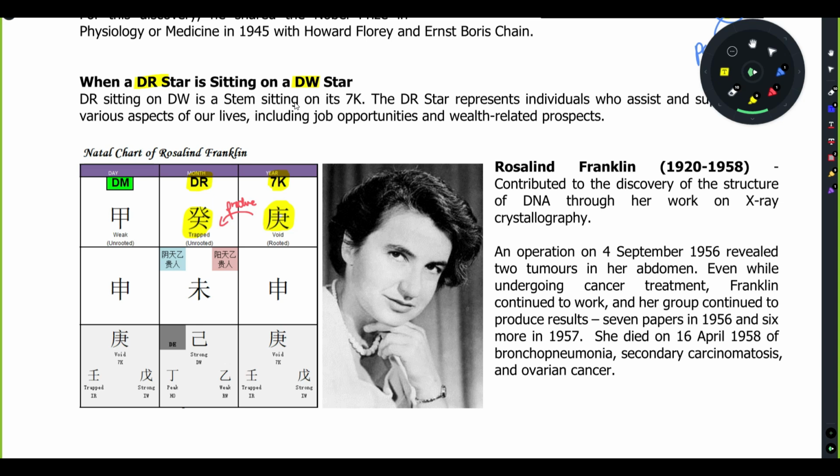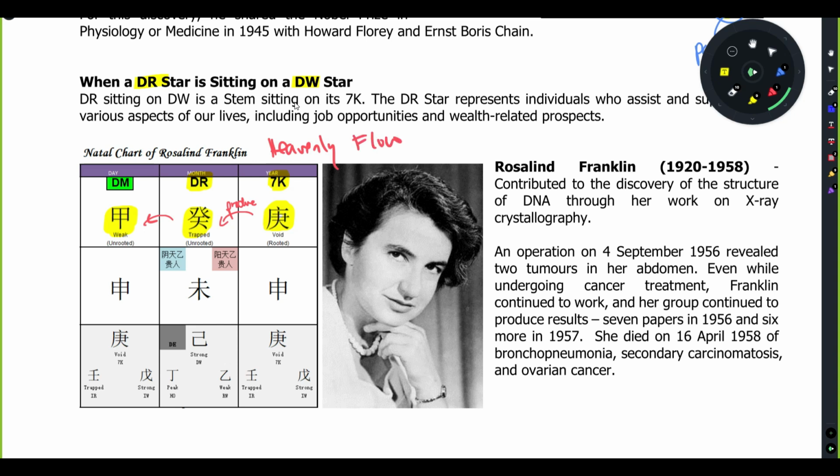Water produces wood. And therefore here we have direct resource producing the day master. So this will be called, they call it the heavenly flow. They call this the heavenly flow.